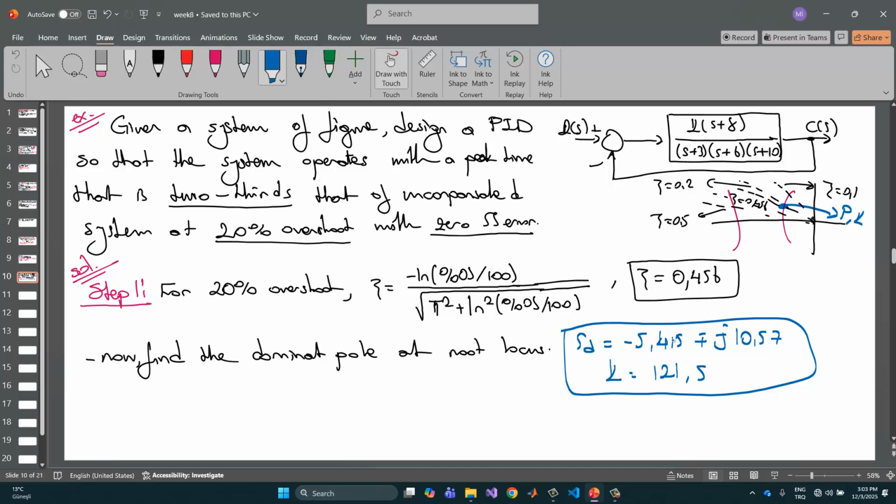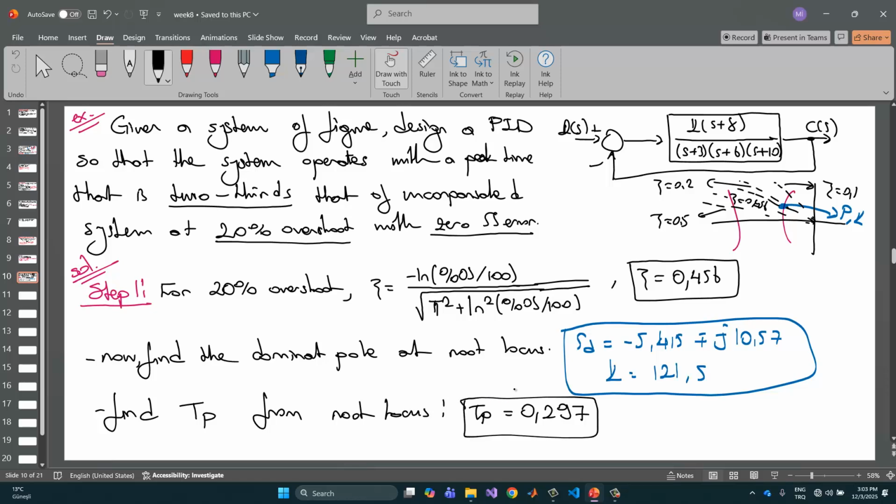Okay? That's all. Okay. And so, from this information, we need to find new Tp values from root locus. Okay? And so, from root locus, we can obtain the information 0.278. Okay? This is the uncompensated peak time.